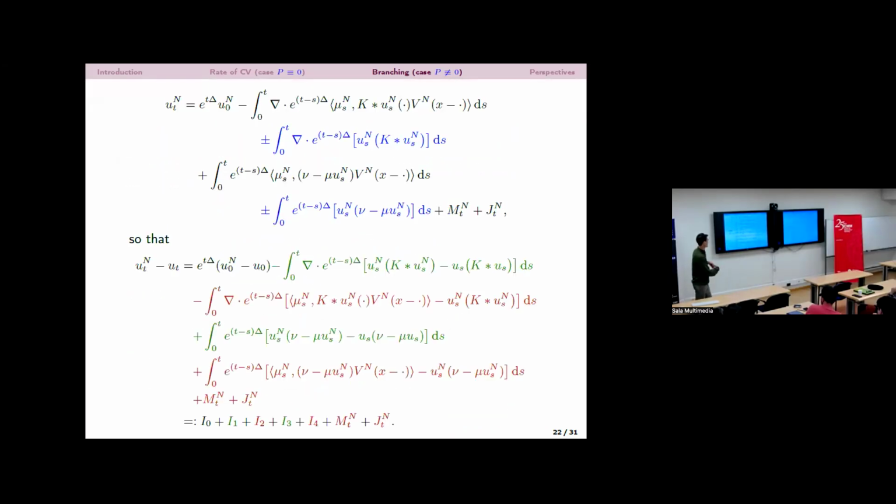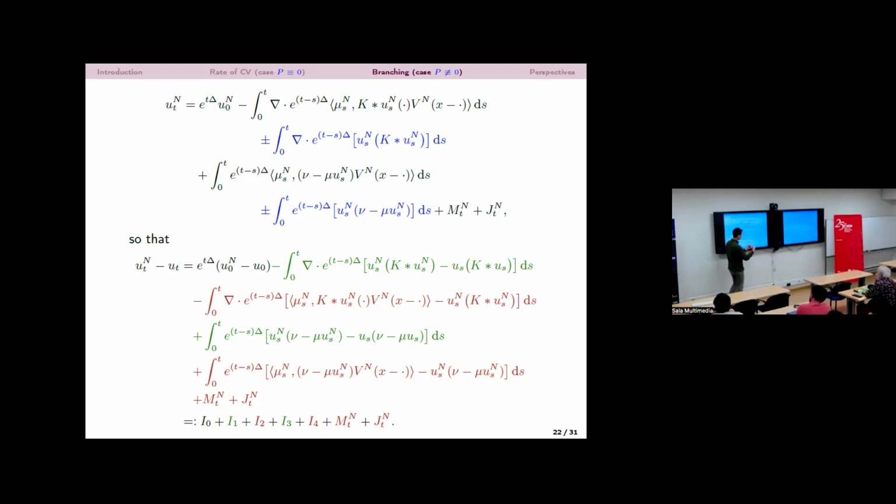This slide is just to say we don't need to look at the details. What it says is that I will introduce virtually this term. Remember, I had this kind of term, but what I would like is really this term. I put it here, I put it here. I do this on all the terms, and in the end, I can have my control argument working on here, and this is an error term, exactly the deterministic bias that I was talking about earlier.